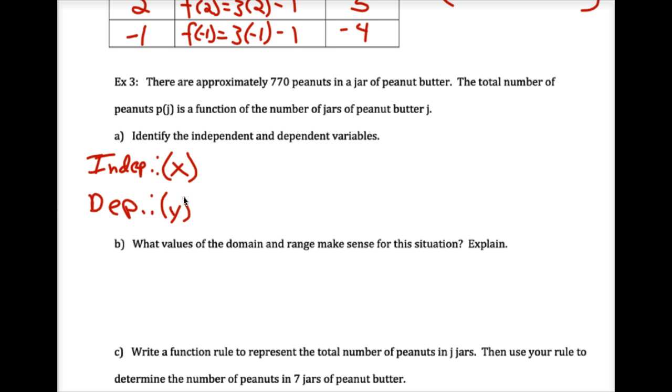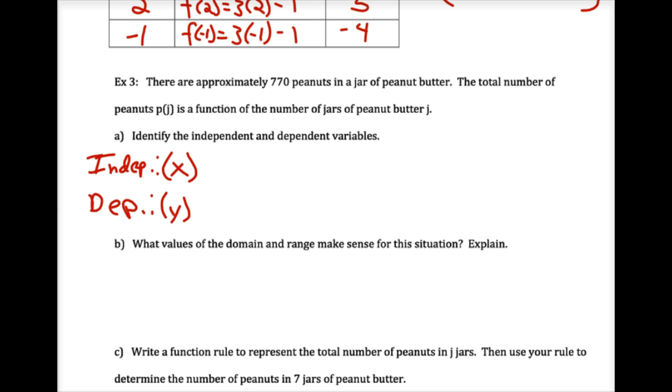Okay? Now, this is tough. Which quantity or which word depends on the other? What I mean by that is, say it both ways. Do the number of peanuts depend on the jars, or do the jars depend on the number of peanuts? Jars depend on peanuts.